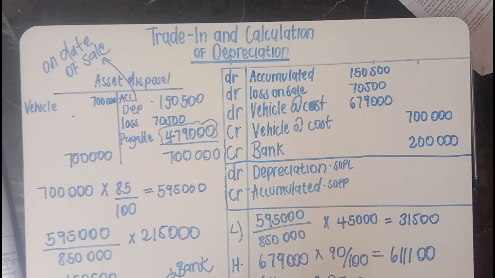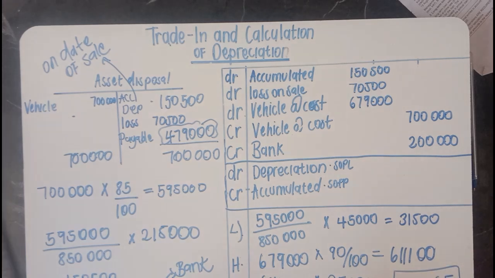9 with 5 zeros multiplied by, no, I didn't add the 1. Okay, now we have 2, 3, 7, 6, 5. Yes. So now this is your depreciation for the new vehicle, right?